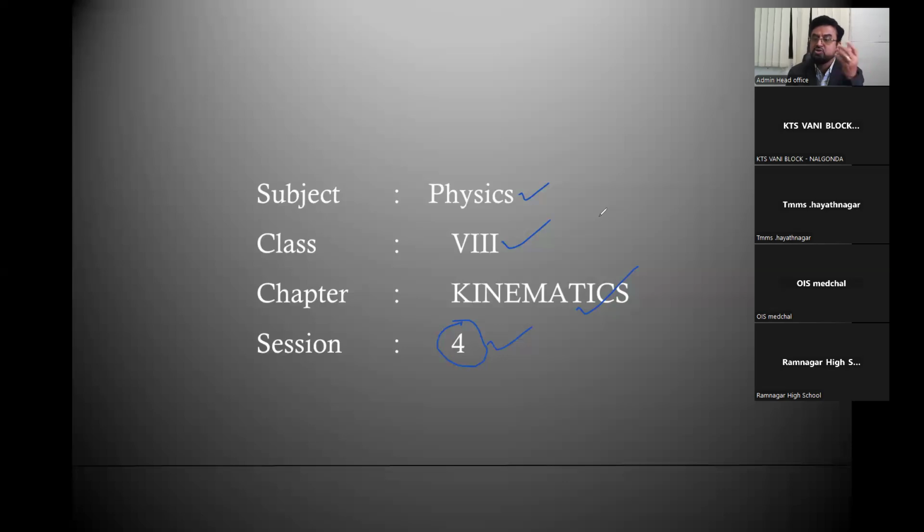Then we have seen the relationship between all these terms which come across during the motion of a body, right? So we'll continue where we stopped in the last class.